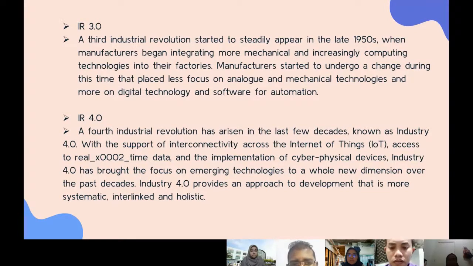Now, Industrial Revolution 4.0 is the rise in the last few decades known as Industry 4.0, with the support of interconnectivity across the IoT, known as the Internet of Things, access to real-time data, and implementation of cyber-physical devices. Industry 4.0 focused on emerging technologies on a whole new dimension over the past decade. It also provides an approach to development that is more systematic, interlinked, and holistic.